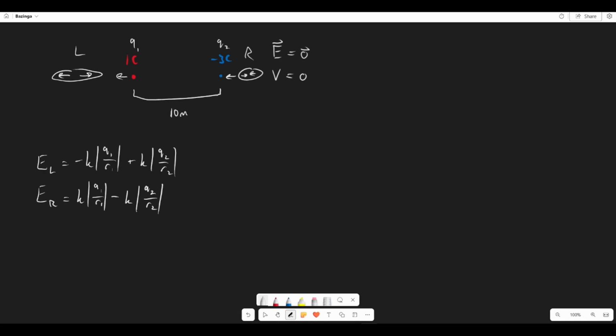Now if you think about it logically, you can quickly determine that the right region will not be the proper one, because here we have a -3 coulomb charge and here we have a 1 coulomb charge, which means that immediately towards the right of the 3 coulomb charge, you'll have a very strong vector pointing left and a weak vector pointing right.